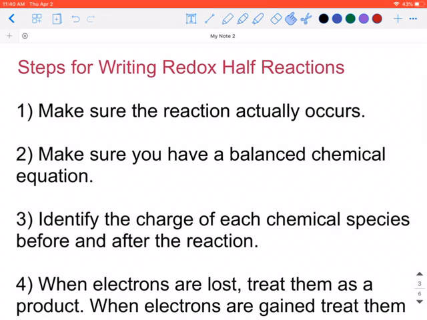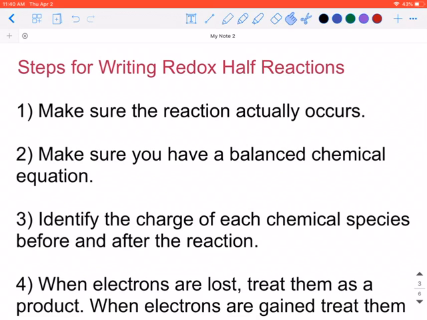If you skip this step, you might be writing a half reaction when you don't even have to. Step 2, make sure your equation is balanced to start. Not every teacher does it this way, but I do think this is the easiest way to do it. And then next you want to identify the charge of each chemical species before the reaction and after the reaction.